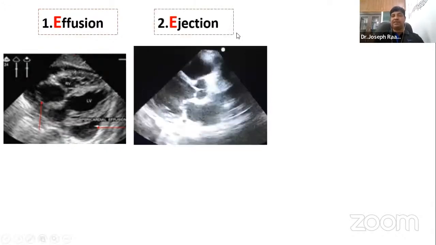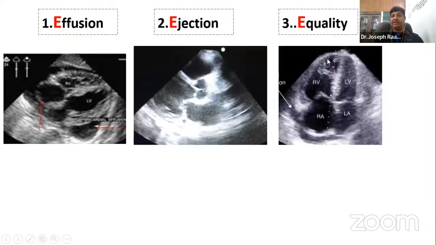The second thing is ejection. In other words, we are assessing the systolic function, which I already told you how to assess. The third is equality. This is basically for the right ventricle. You just look at the shape of the right ventricle and left ventricle and compare. If the right ventricle is bigger than the left ventricle, then you know this hemodynamic instability is because of right ventricular dysfunction, maybe because of pulmonary embolism or other things depending on your situation.